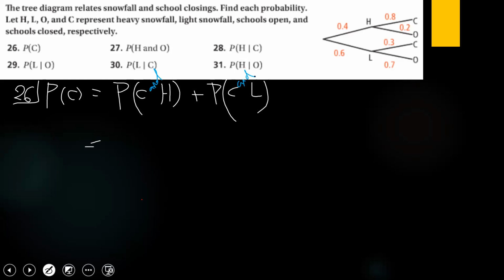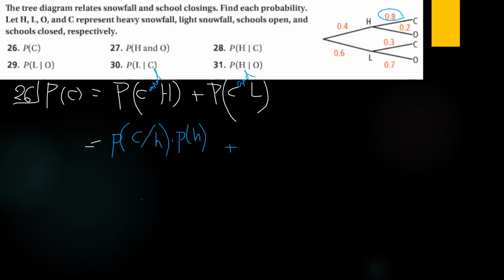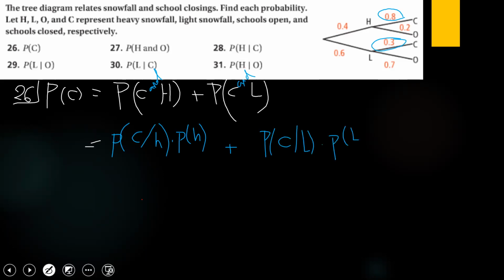Now to find the probability of closed and heavy, as I told you yesterday, this number tells me about the conditional probability. So it is the probability of closed given heavy times the probability of heavy, plus the probability of closed given light times the probability of light.